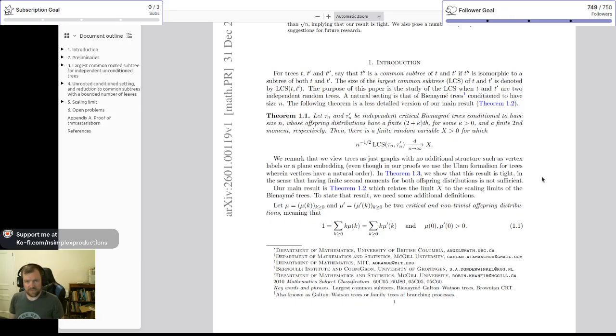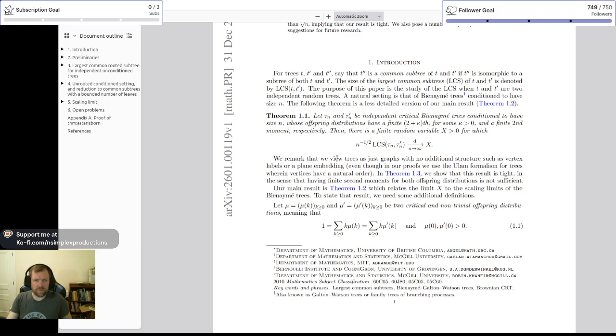Then there exists a finite random variable X greater than 0 for which n to the negative 1/2 times LCS of tau n and tau n prime converges in distribution to X as n goes to infinity. Yeah, I don't see it. Anyway.